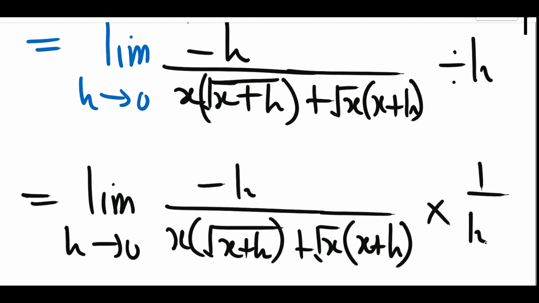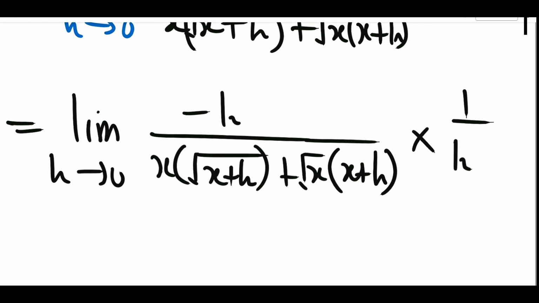We are now going to change the division to multiplication. So the h becomes 1 divided by h, so that the sign changes to multiplication. So that becomes the reciprocal of the h. So we continue to simplify. Our h here and this h will cancel each other.